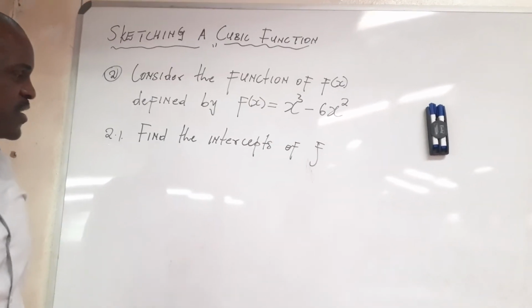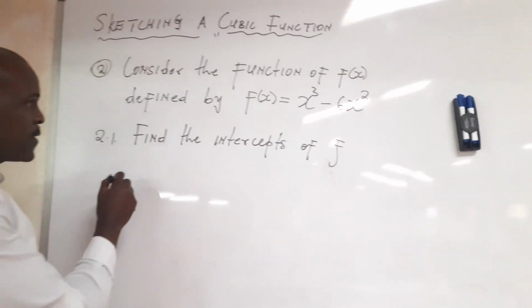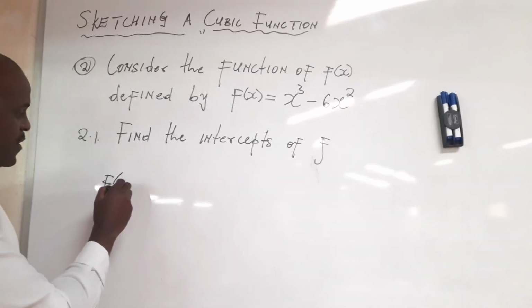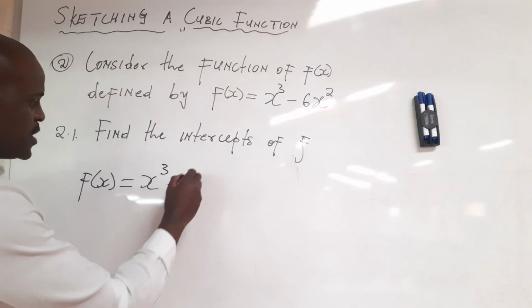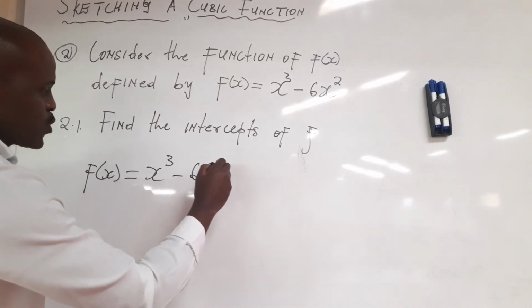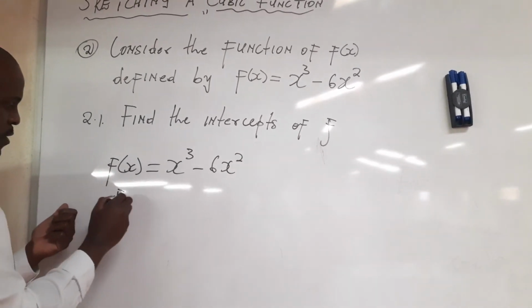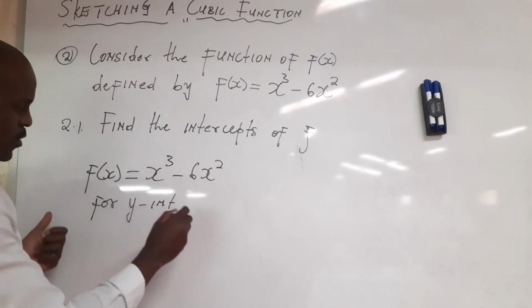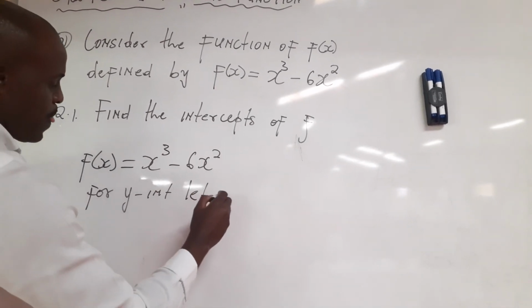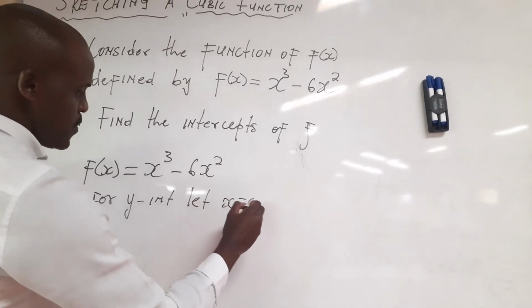Let's quickly find the y-intercept. We have this equation, f of x equals x cubed minus 6x squared. For the y-intercept, we always let x be 0.